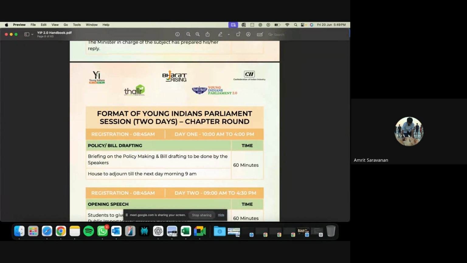After that, on the same day, comes the policy and bill drafting session. Like I said earlier, today we'll be assigning the committee number you will belong to. All the students will be given one random committee number. There are 5 committees, and each of you will just be given the committee number right now.